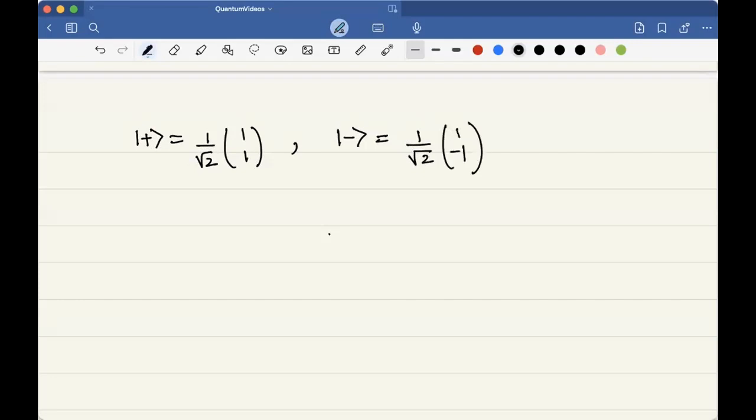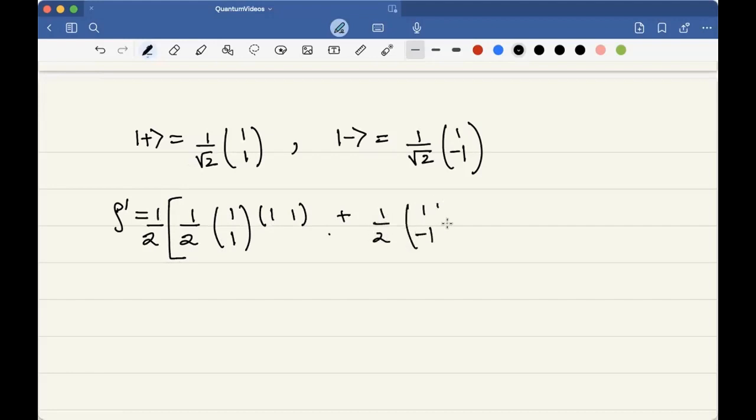So rho prime is equal to half into half [[1, 1], [1, 1]], the column and row vector, plus half [[1, -1], [-1, 1]].